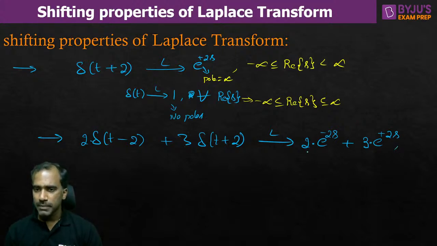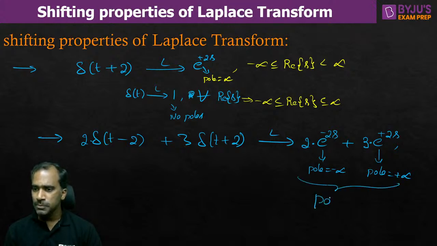Let us find the ROC part. The ROC of only del of t, we know, is the entire S-plane. Are there any new poles created? The pole created here is minus infinity and the pole created here is plus infinity. Overall, this total signal has poles plus infinity and minus infinity.